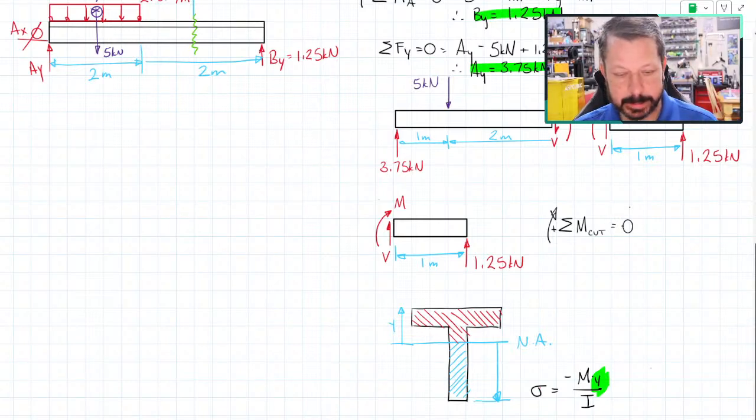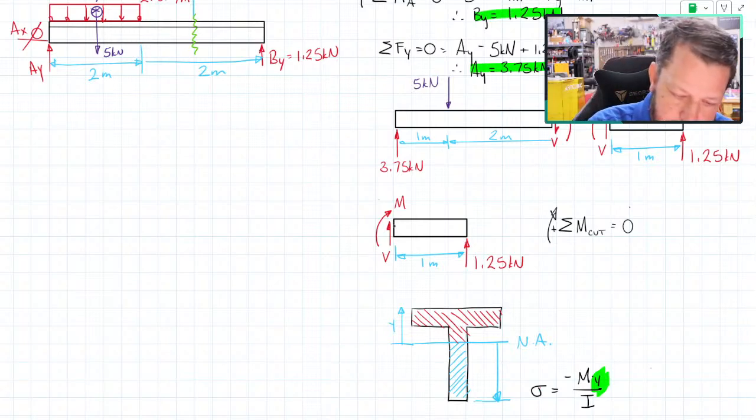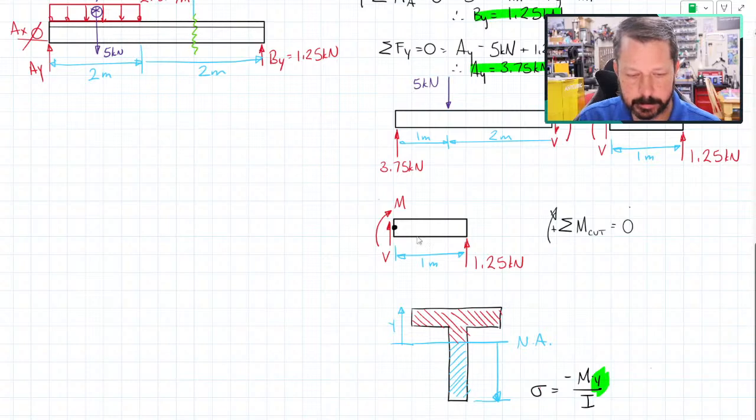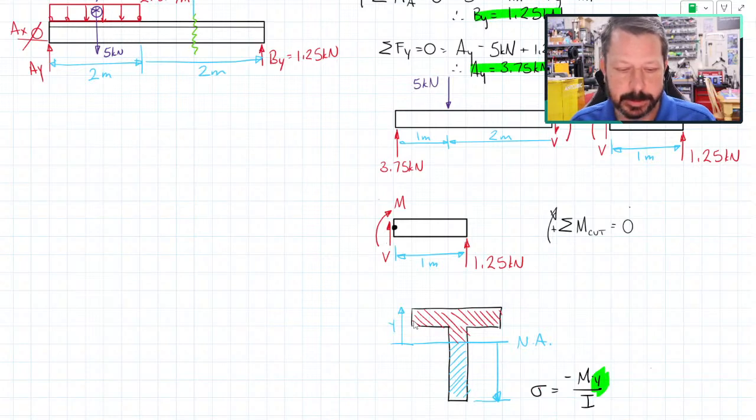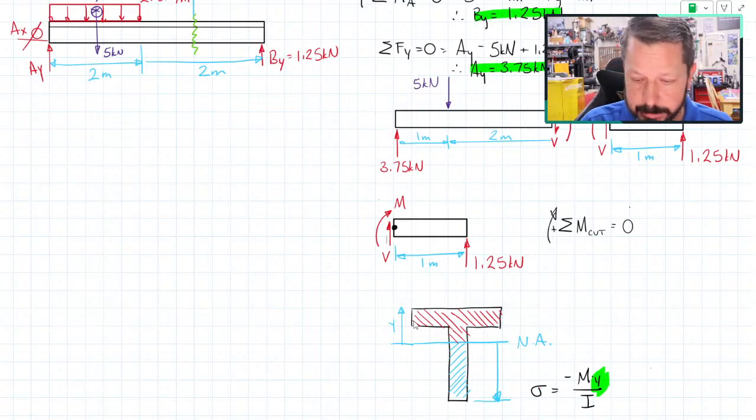The cut is this point right there. V does not create a moment about the cut, though I've drawn it a little offset from that surface. M is a moment, so it creates a moment of M.